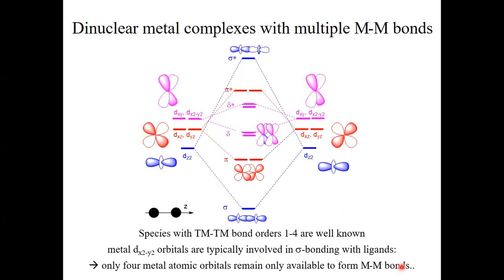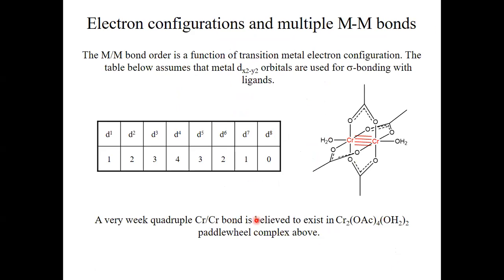Now, what guides the bond order? We can have bond orders between 1 and 4. What guides the bond order that we will actually observe? This depends on the electron configuration of the metal. When a metal has a d1 electron configuration, we have only 2 electrons available, 1 for the first metal and 1 for the second metal.